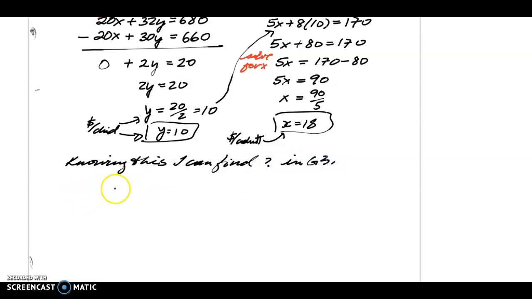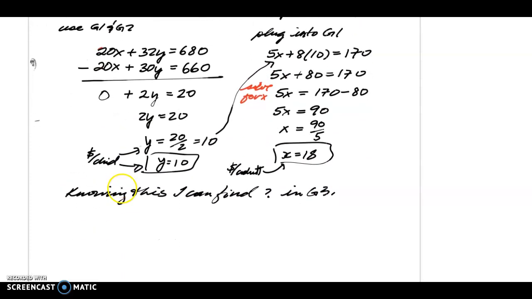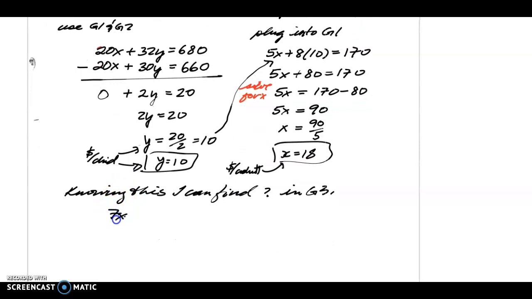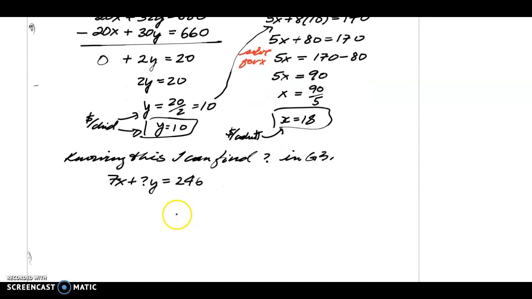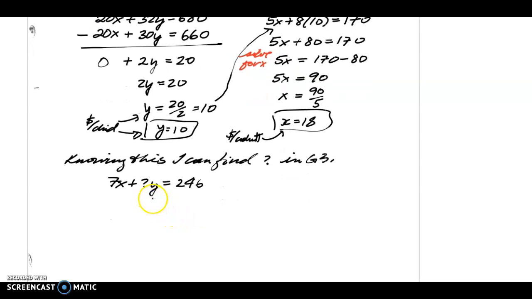So how do I do that? In G3 we have 7x plus y, where we don't know the number of children, is equal to 246.